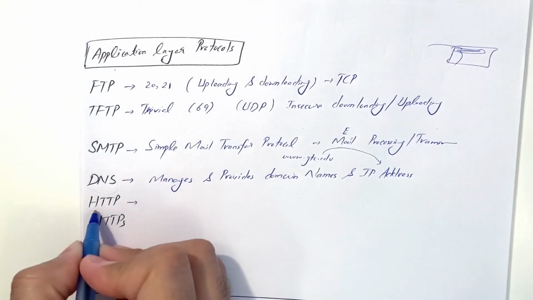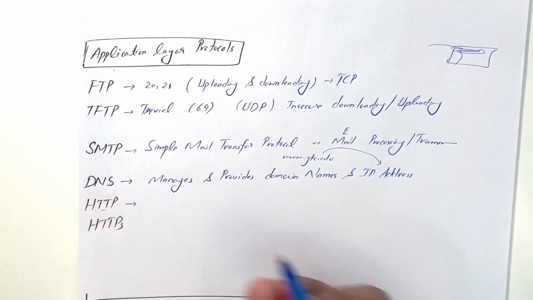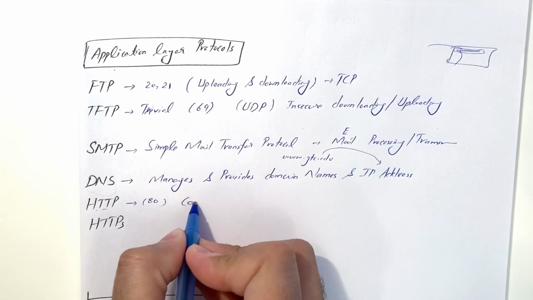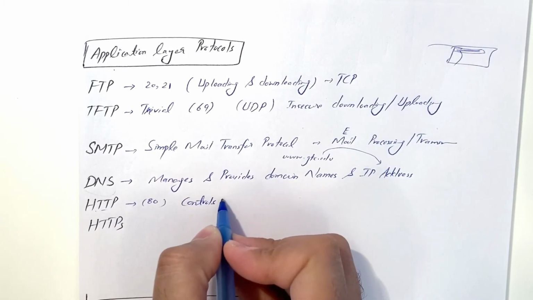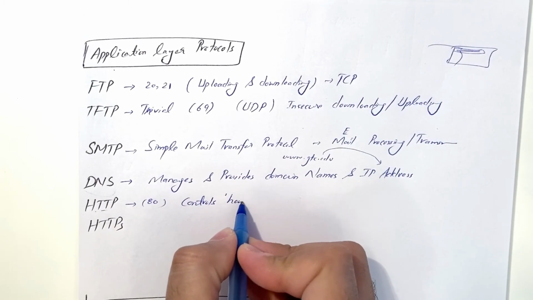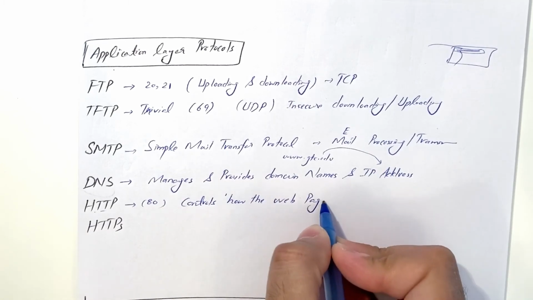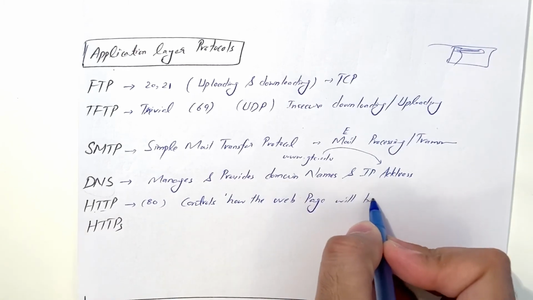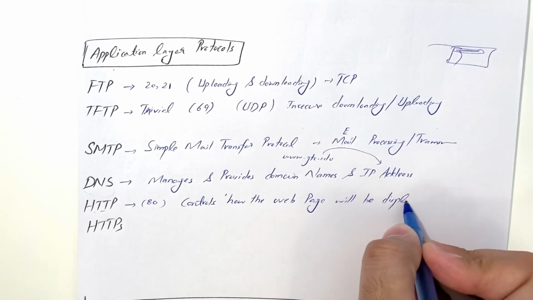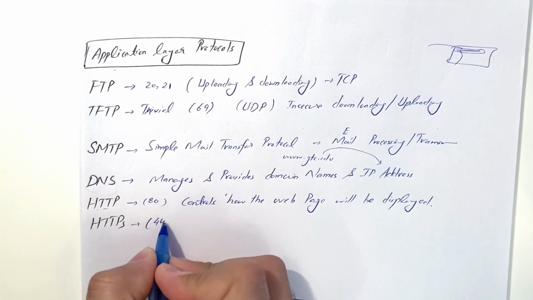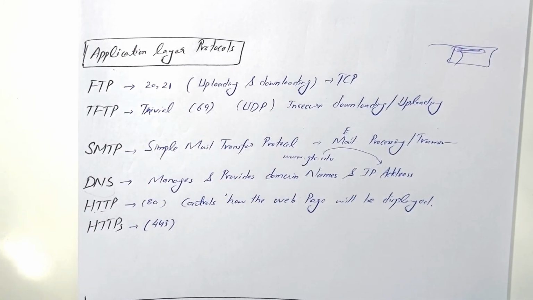HTTP, Hypertext Transfer Protocol, port number 80, controls how the web page will be displayed. HTTPS is basically Hypertext Transfer Protocol Secure.